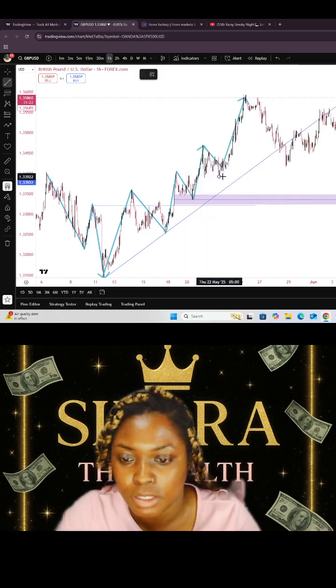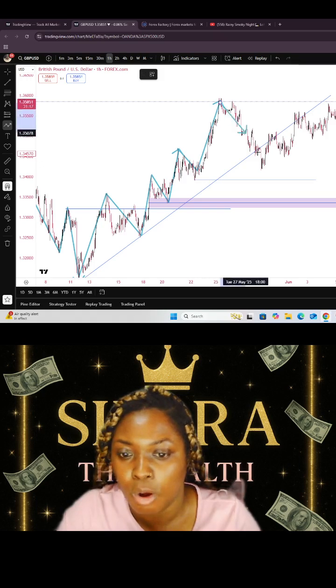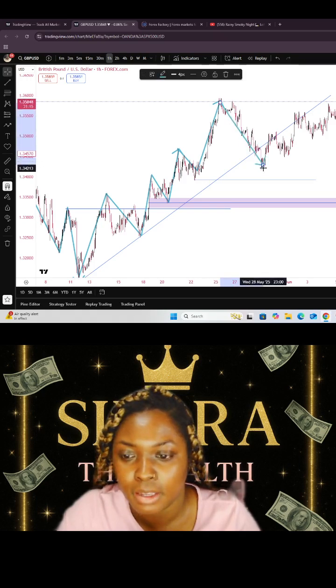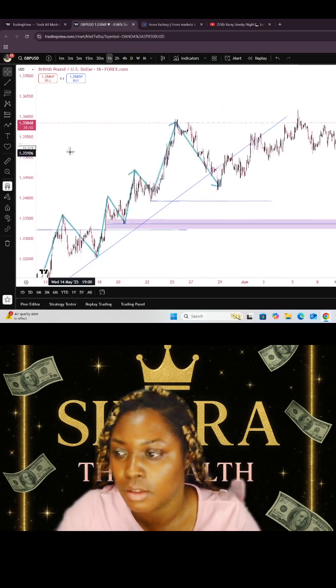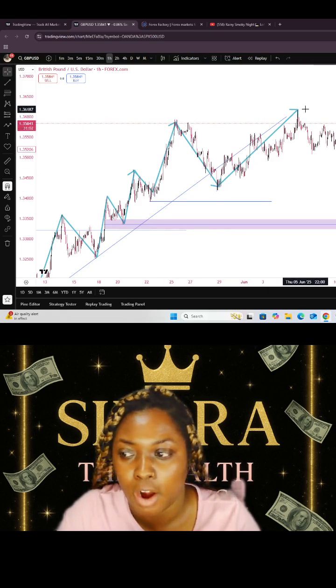Remember, this area here is our last lower high. Price pulled all the way back near our last lower high, and then continued to go higher and make a new higher high.